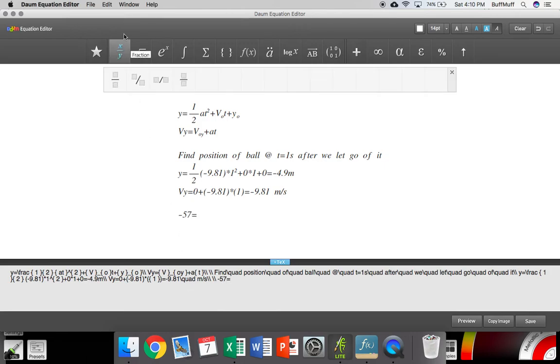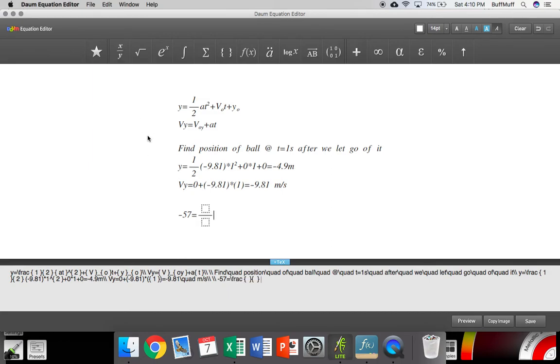This is equal to, I'm using equation number 1, one half of my acceleration, which is negative 9.81 meters per second squared, times the time. We don't know the time here, okay? This is our unknown, because we don't know how much time it's going to take for the ball to drop from my 0 position with 0 velocity to get to the negative 57 mark. So we are actually trying to figure out the time.